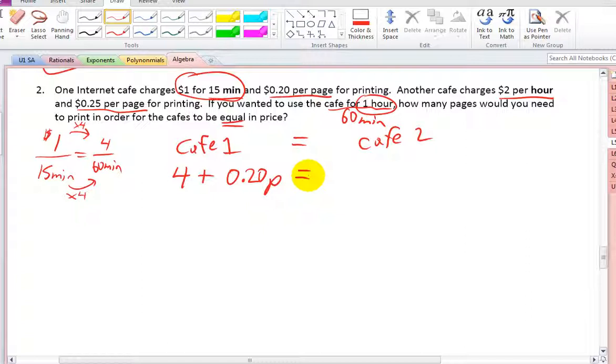What do you think? What do you think for Cafe 2? What would be the other side of the equation? $2 because he only uses it 1 hour plus what? Per page. Okay. So then he can solve for P. See when it's equal. How many pages it is.